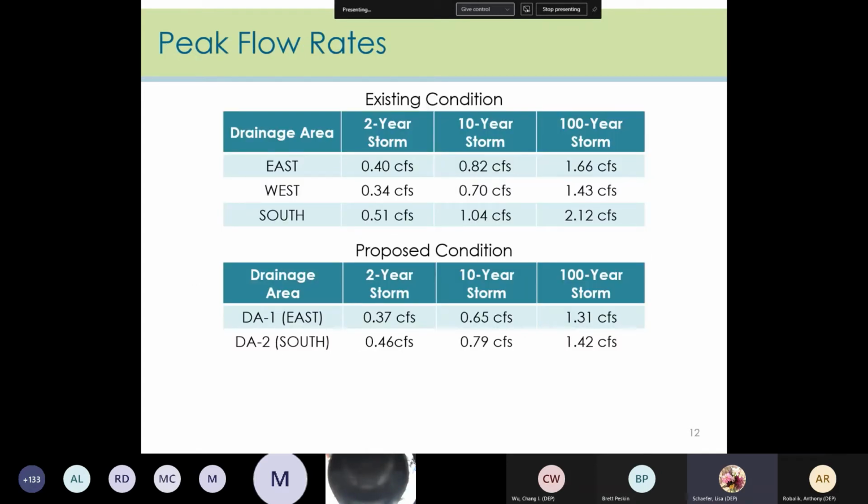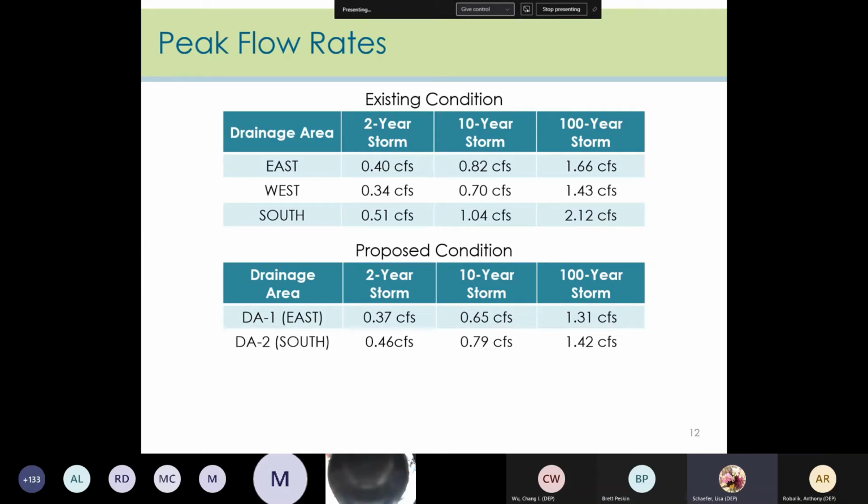In the existing condition, you have your flow rates for the east, west, and south drainage areas, so they're appropriately named. And so the proposed condition, DA1 flows from both basins, remember they combine, and goes towards the east, which is where that street was at the bottom of the page. DA2 flows to the south before entering the existing stormwater system there.